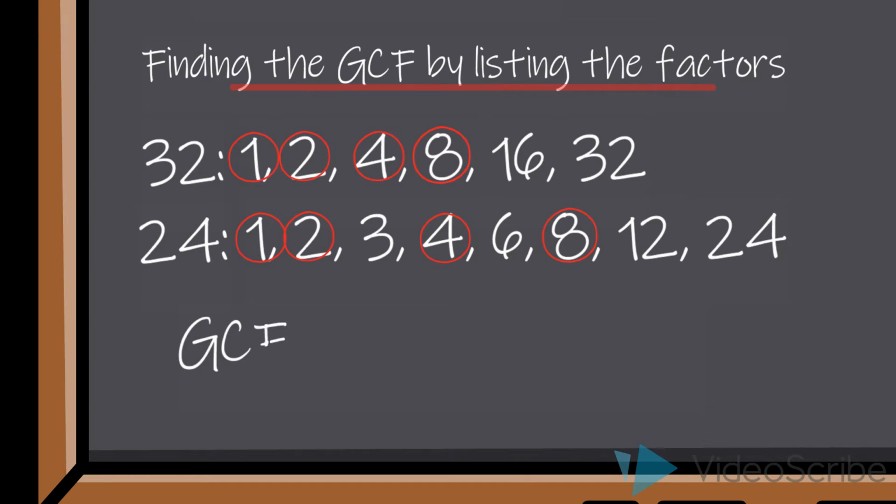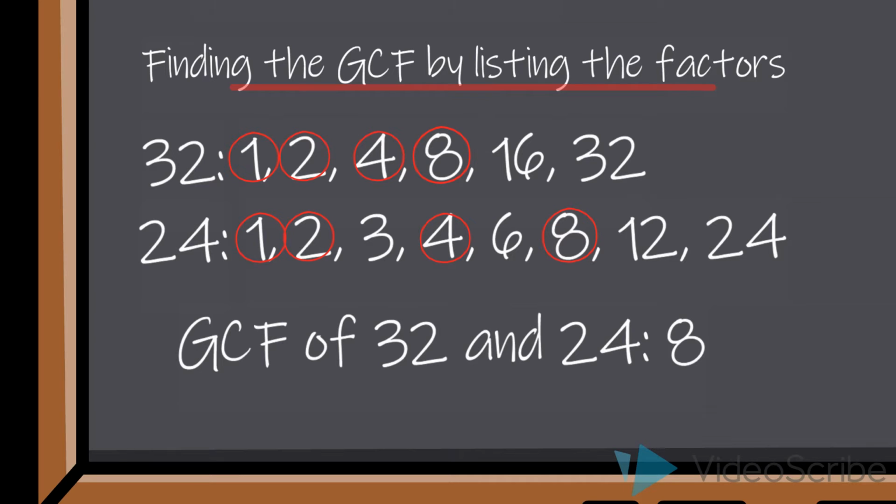Our greatest common factor for the numbers 24 and 32 is 8. We can find the GCF of any group of numbers. If I was looking for the GCF of a set of 3 numbers, I would just need to make sure that they all share that factor.